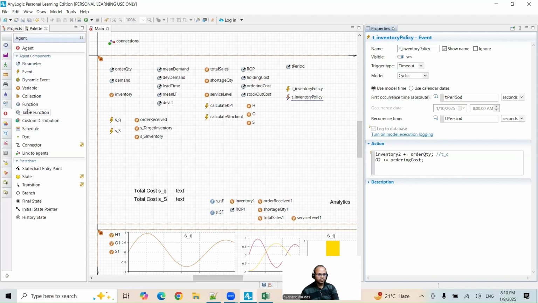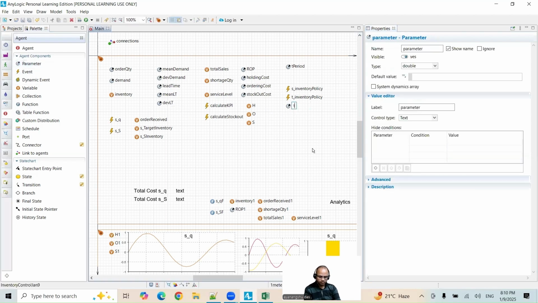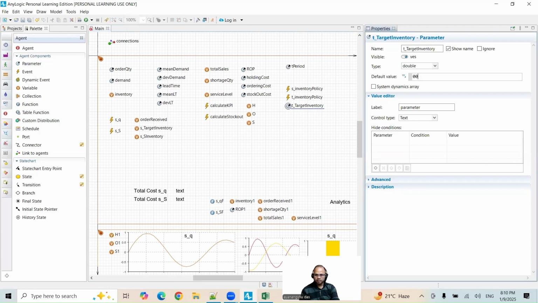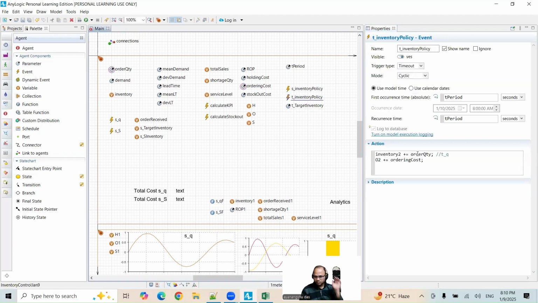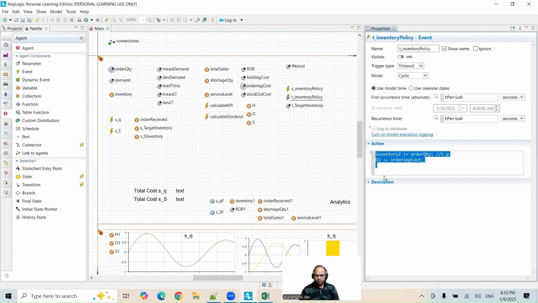So we will define a parameter, the target inventory, and we will define some value for the target inventory. And we'll say that inventory is getting replenished by the target inventory amount.